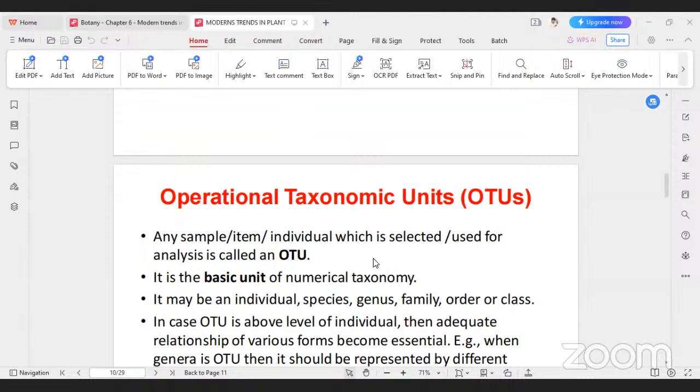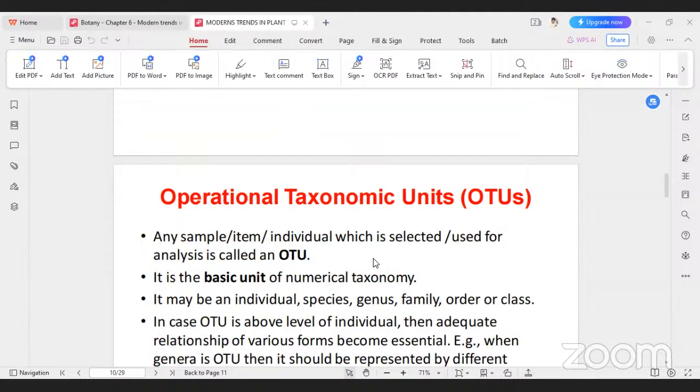It may be an individual, species, genus, family, order, or class. So if you take one plant taxon, that is also an OTU. A genus is an OTU, and a family, a complete family, an order, they are also OTUs. Anything utilized for taxonomic classification is called an OTU.